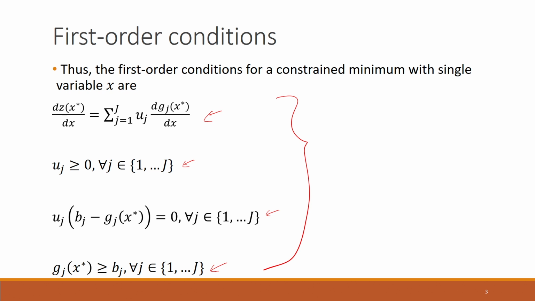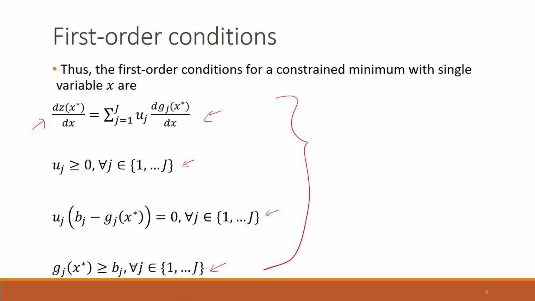Until now we have been assuming that this function z is only varying with x. Just take a look at this. These are the conditions which ensure that if a constraint is binding, then the derivative of the binding constraint will have the same sign as the derivative of the function at that point.